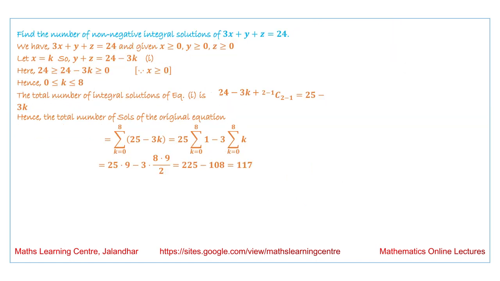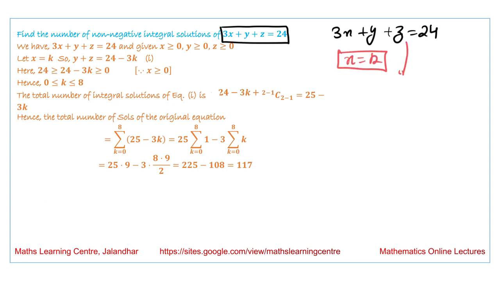Now next, find the number of non-negative integral solutions of 3x plus y plus z is equal to 24. Suppose the value of x is equal to k, then this equation can be written as y plus z is equal to 24 minus 3k. The solutions we require are non-negative integral solutions, so clearly y and z are greater than or equal to 0.